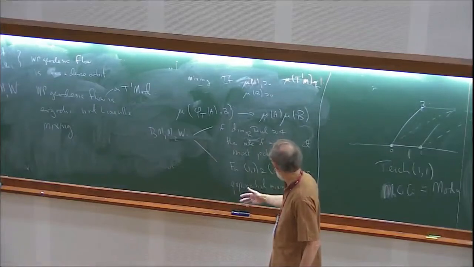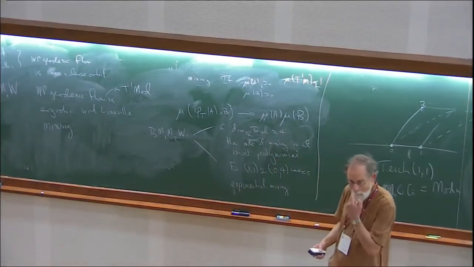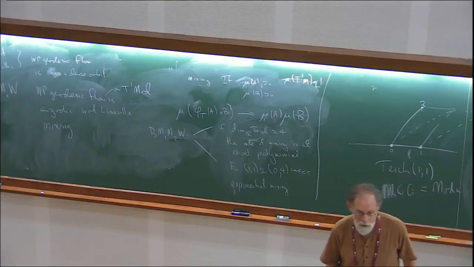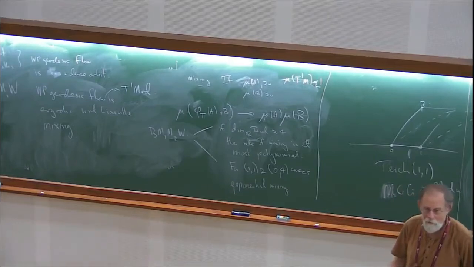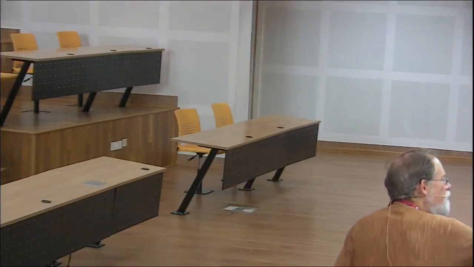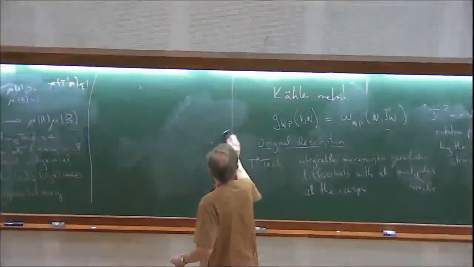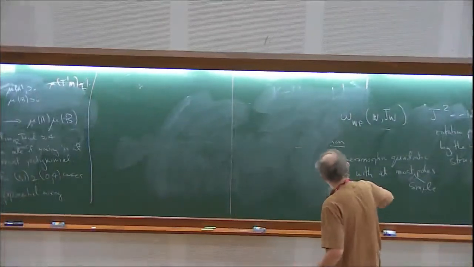This one, for the exponential mixing, is unpleasantly long. And there's some truly awful technical stuff which we actually put in some kind of appendix that's available online. So I'm going to skip all of the ghastly calculations and try to say something about why it all ought to work.